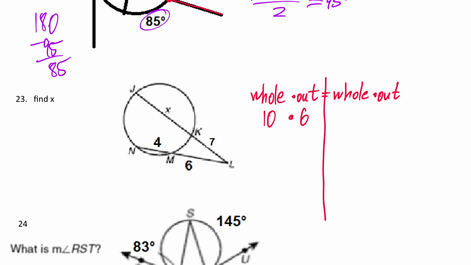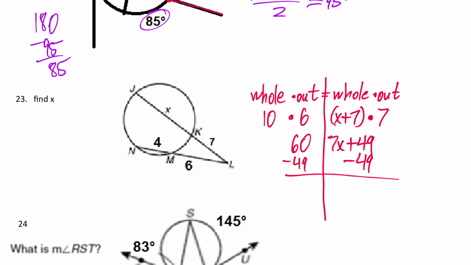How long is the whole thing JL? 7 plus x times the outside piece, which is 7. So we get 60 equals 7x plus 49. Just multiply 10 times 6, and then distribute the 7. Subtract 49. So 7x equals 11, divided by 7. It's going to be 1 point something. 1.5 what?